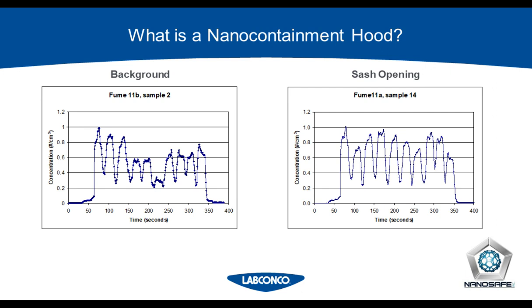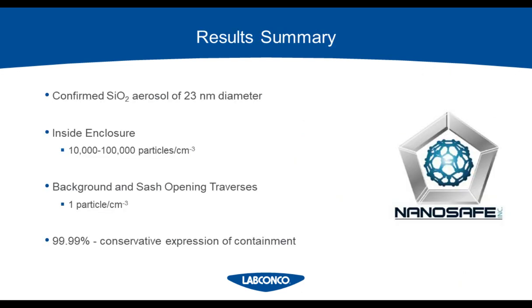If you compare these numbers, you'll see the background noise is nearly identical to what was measured at the sash opening of this hood. So we know that we're containing and not experiencing escape of these nanomaterials from the hood. They're effectively being captured onto the HEPA filter within the hood and not being re-entered into the room.